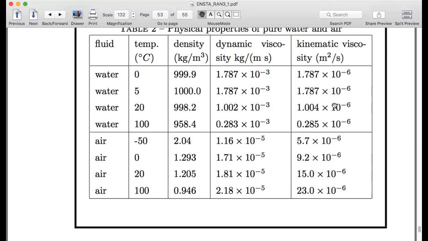And viscosity is related to the momentum transport, the momentum flux of the movement of the air. So when it's warmer, they're moving faster, so they transport their properties faster.